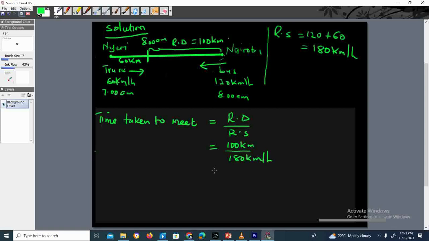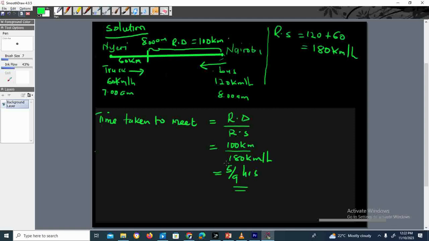per hour, which is the relative speed. This is going to give us 5/9 hours from a calculator.